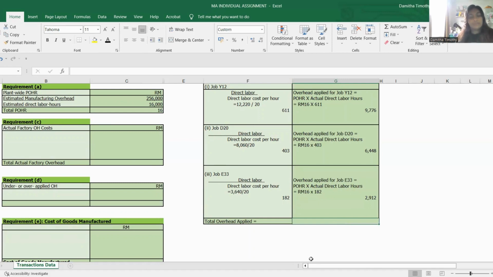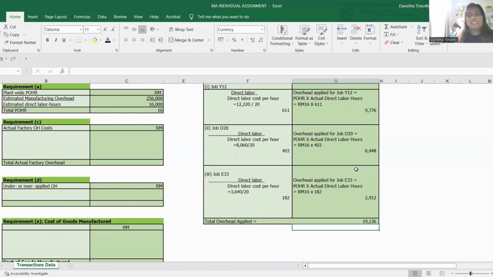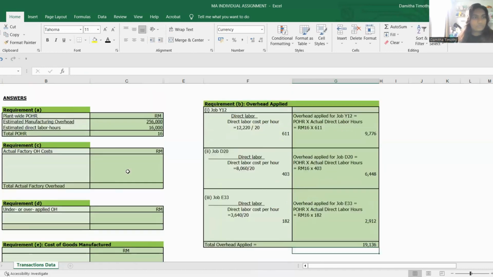When we want to know the total overhead applied, we have to total up all the overhead applied counted here, which equals 19,136.